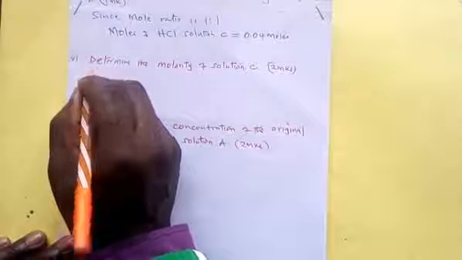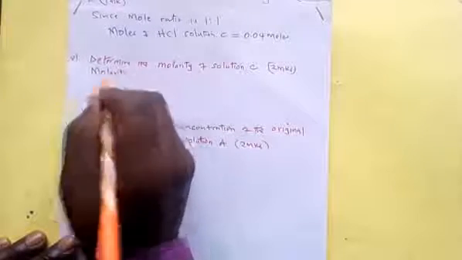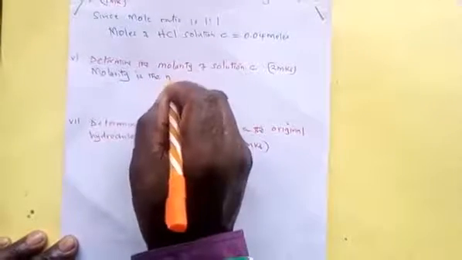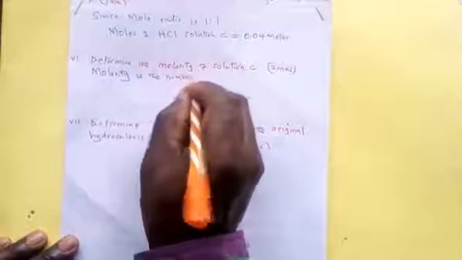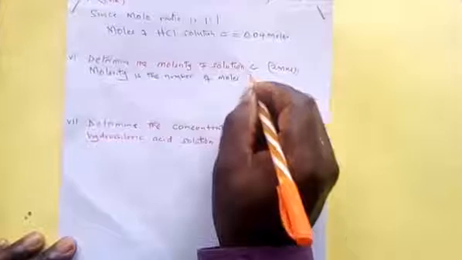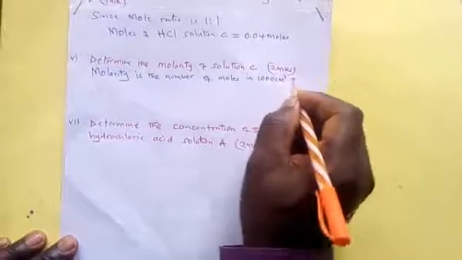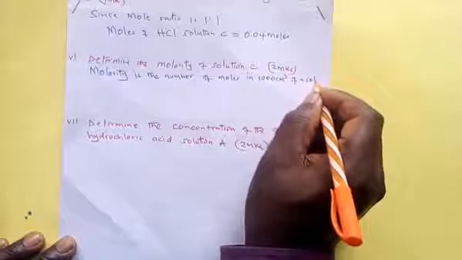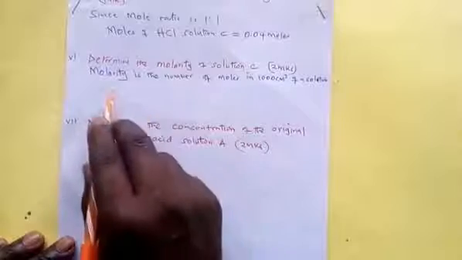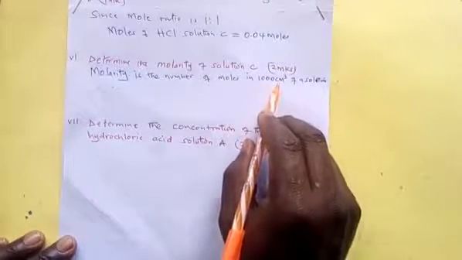To remind you maybe, molarity, this is what you should know, is the number of moles in 1000 centimeters cube of a solution, of a given solution. Molarity is the number of moles in 1 liter, 1000 centimeters cube of a solution, whichever solution you are given.